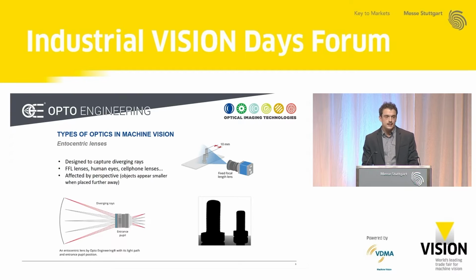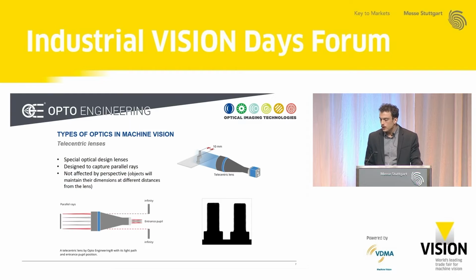They are designed to accept rays that are diverging from the optical axis. One of the main drawbacks of such lenses is that, as you experience every day with your own eyes, objects that are closer to you appear to be bigger than the ones that are placed far away.